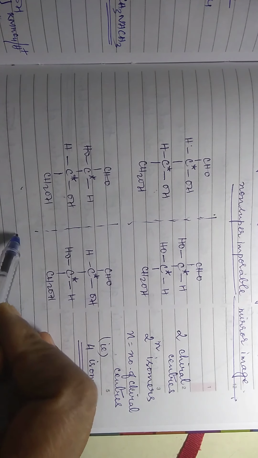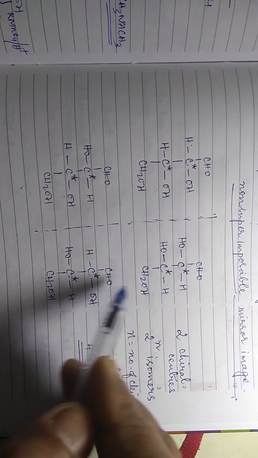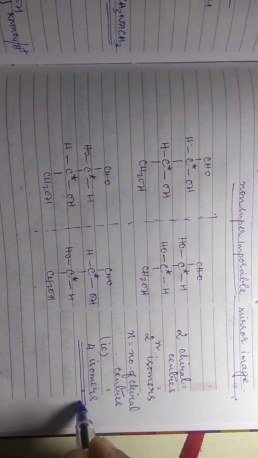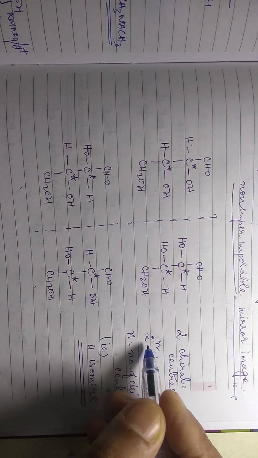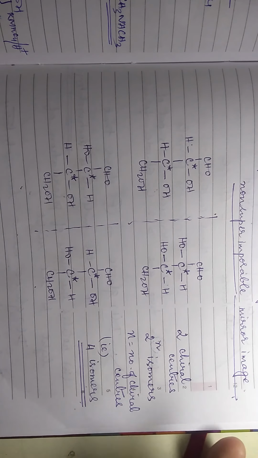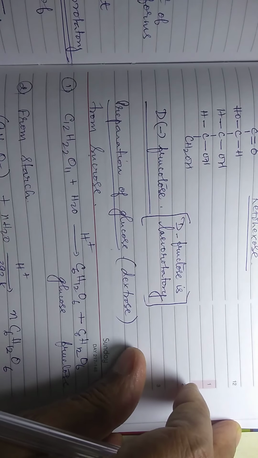Okay. Now what is the mirror image of this? Mirror image will be like this. So a total of 4 isomers are possible. That is why it is 4. Right. So however many asymmetric centers there are, 2 power n stereoisomers are possible.